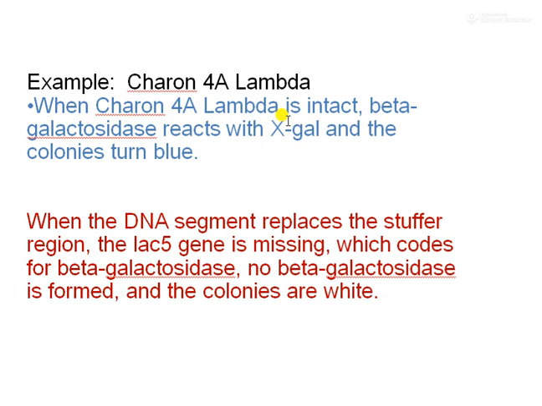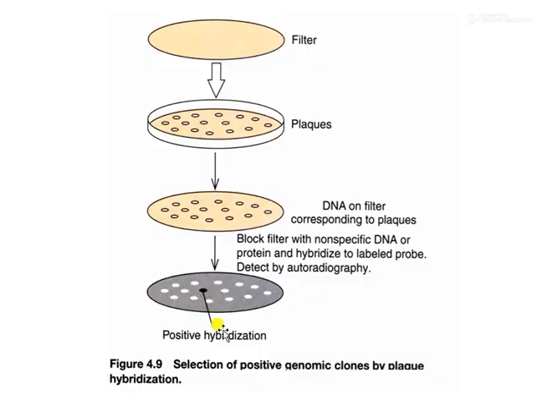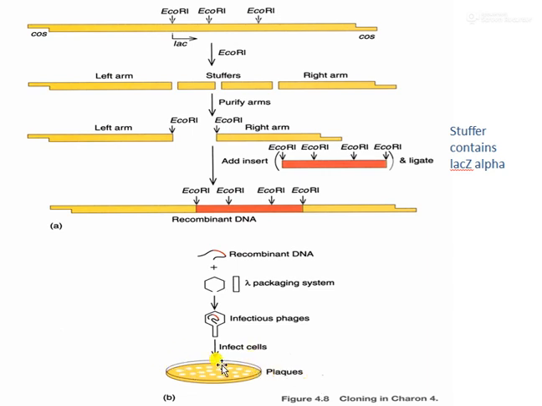When a DNA segment replaces the stuffer region, the lacZ gene is missing in the case of phage vectors, and as a result, beta-galactosidase is not produced. So what happens on the plate when they form? They will form white colonies if they contain the recombinant DNA.